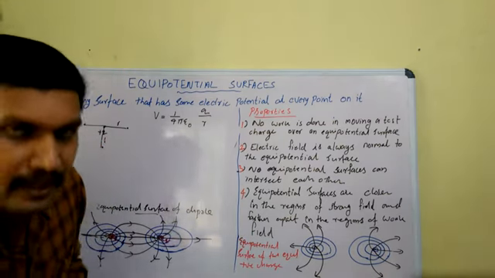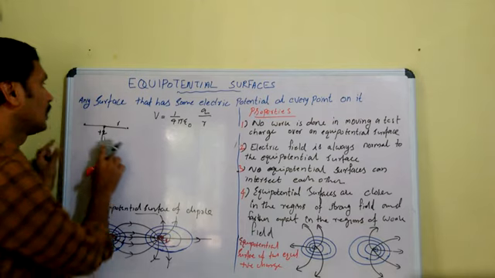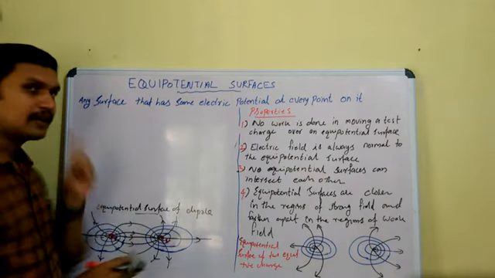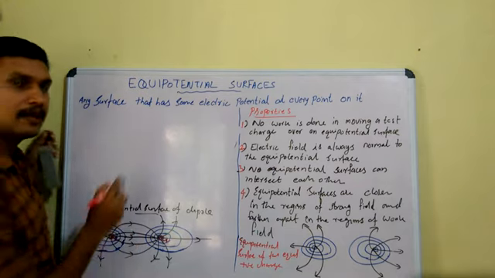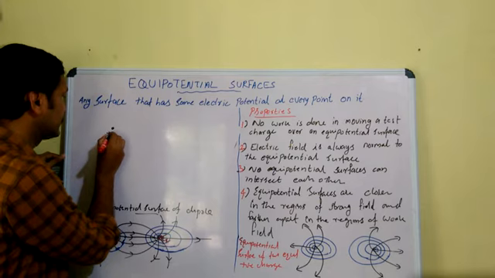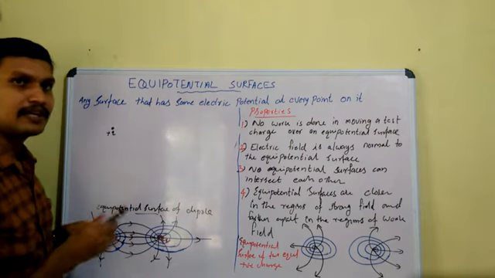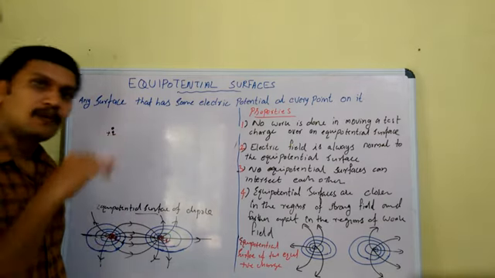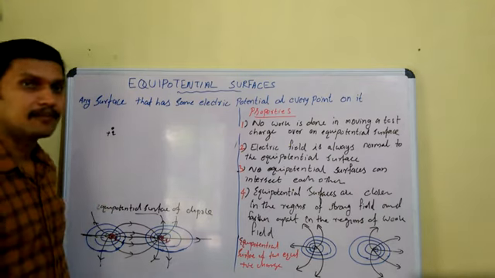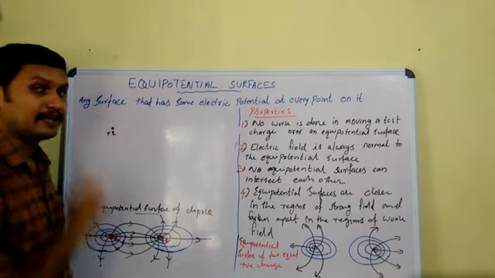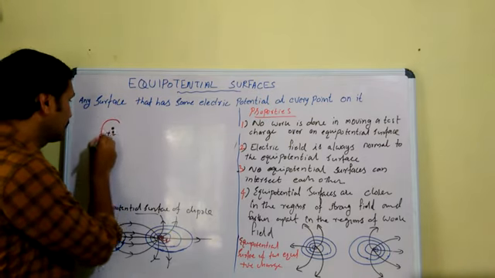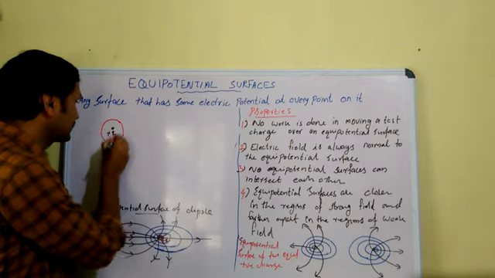Suppose we are trying to draw one equipotential surface for a point charge. This is a point charge placed in space, and we are collecting the locus of all points which are at a distance r away from the point charge. As it is in space, it is a sphere of radius r.